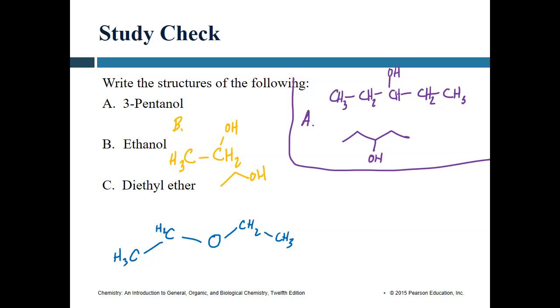There's my other one. Now, if you put this as CH2, CH3 like this, that's okay too. The only reason I showed it this way was just to show that the bond went through the carbon, not through the hydrogens.